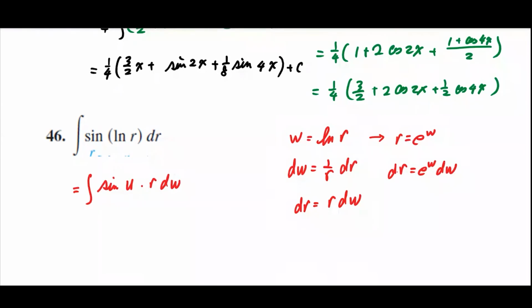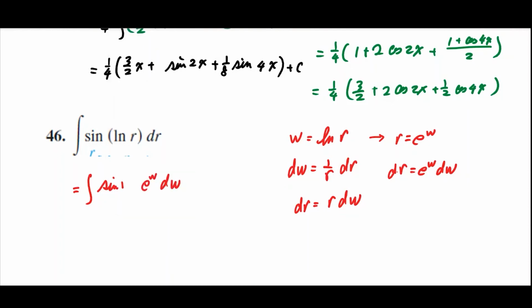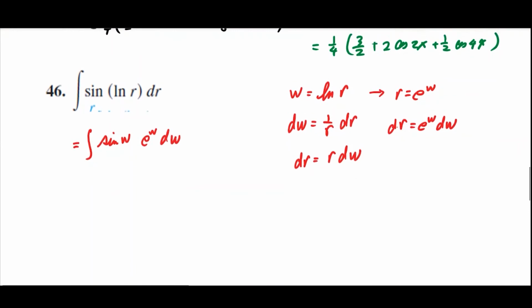So instead of r, now we replace this with e to the w. Oh, did I write u here? I meant w. And now this is integration by parts, isn't it? This one we know what to do. So we'll say u is now sine w.